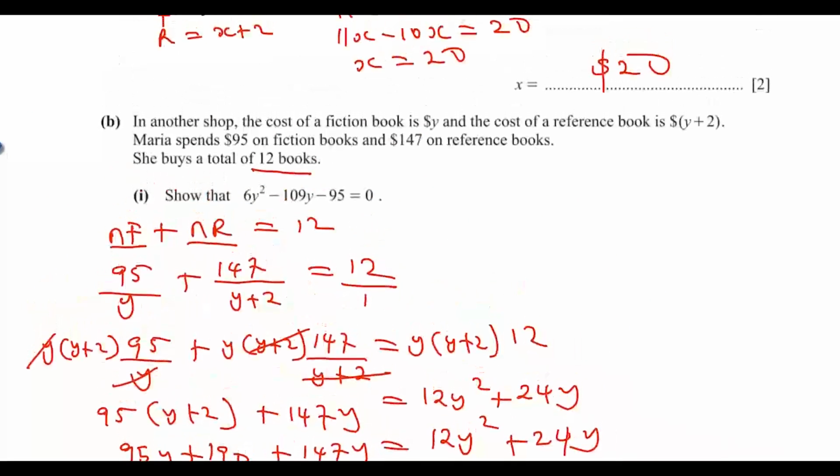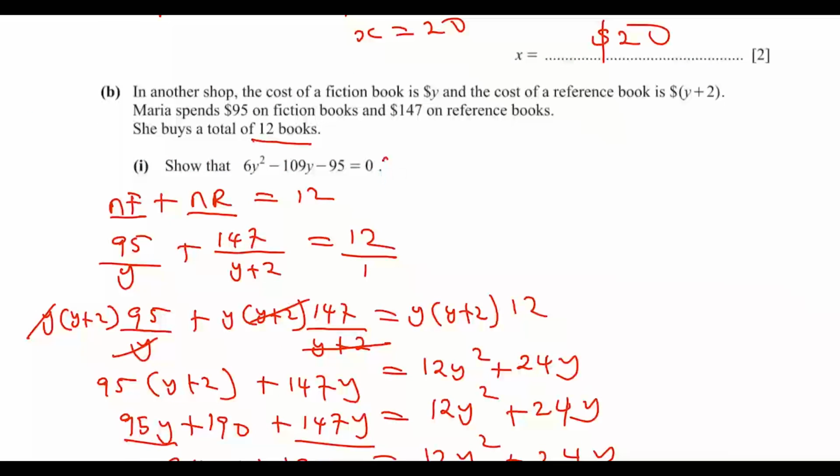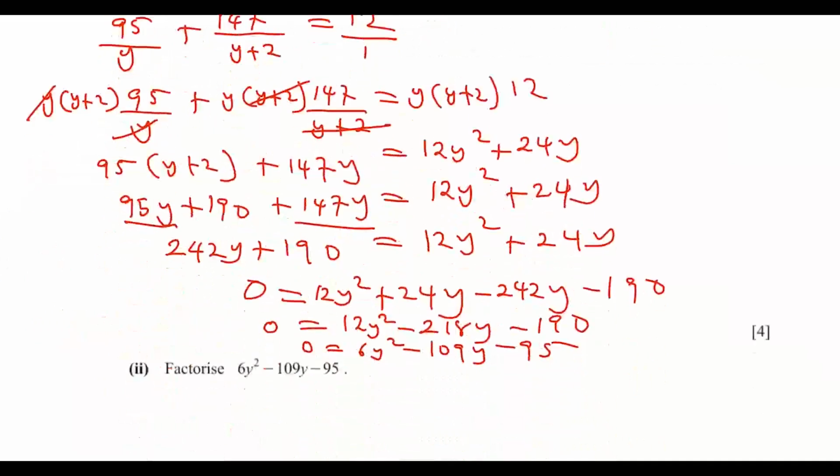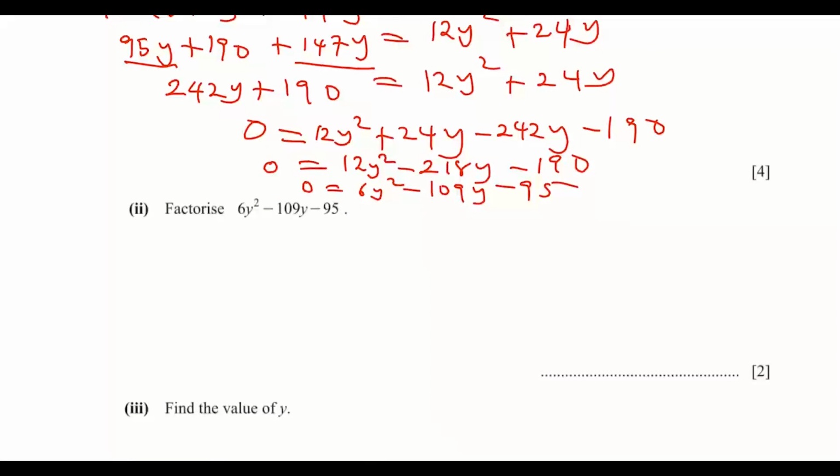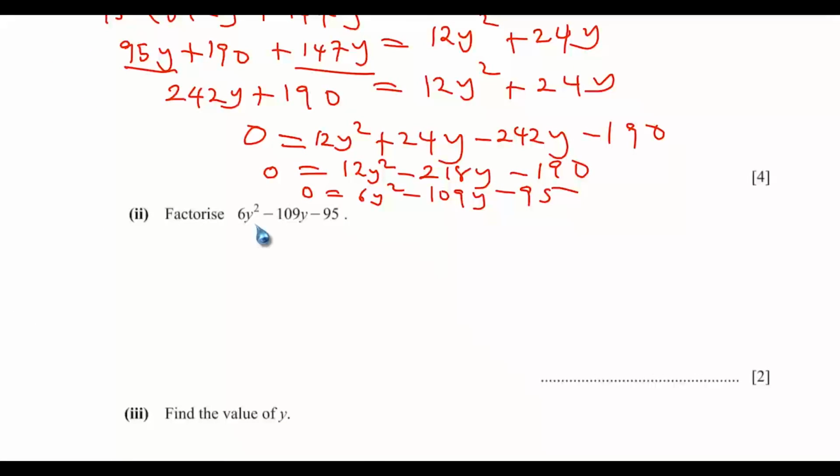Okay, so let's see. Okay, yes, we have shown this. That is correct. So let's go to Roman figure 2. Factorize 6y squared minus 109y minus 95. Okay, so we know that the product of this and this will give us I think 570 if you do this.